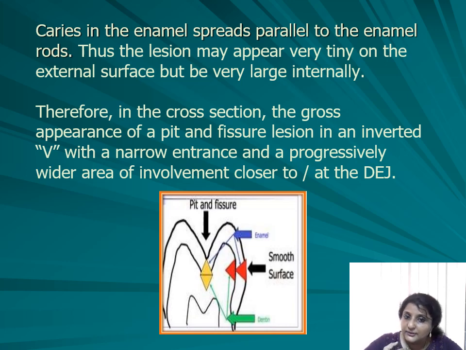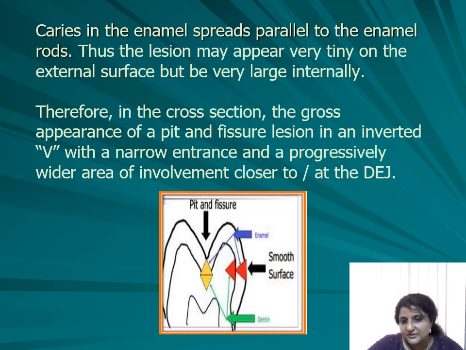So on the pit and fissure areas, it appears like an inverted V on top of a V. But on the proximal surface, it appears as a V on a V. So this is the inverted V up to the dentino-enamel junction, from where it spreads laterally and then it moves in a V direction towards the pulp.